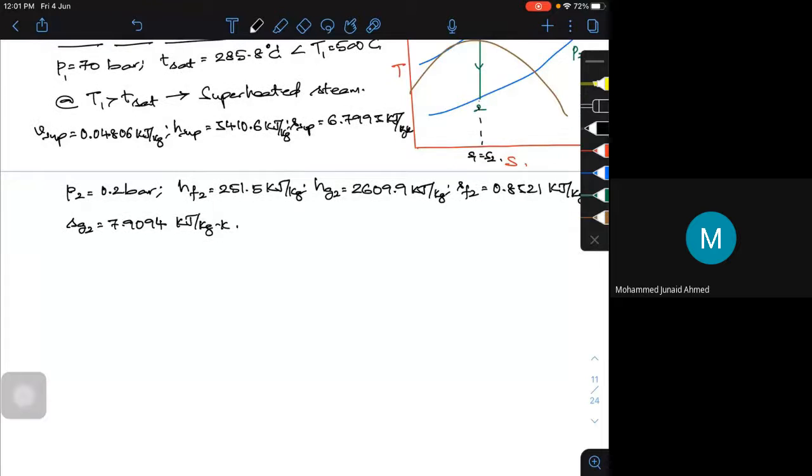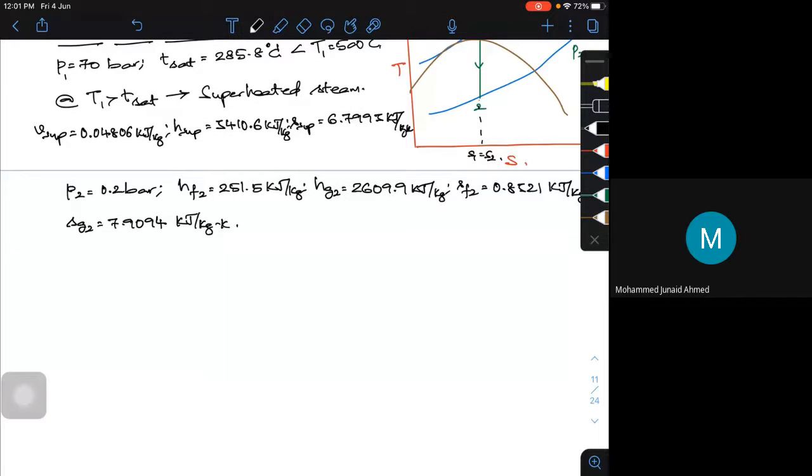Now, see, as the expansion is isentropic, entropy at 1 is equal to entropy at 2. What is entropy at 1?